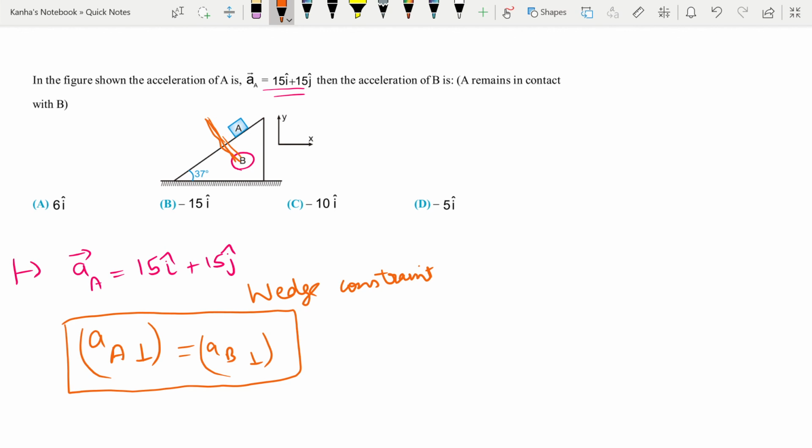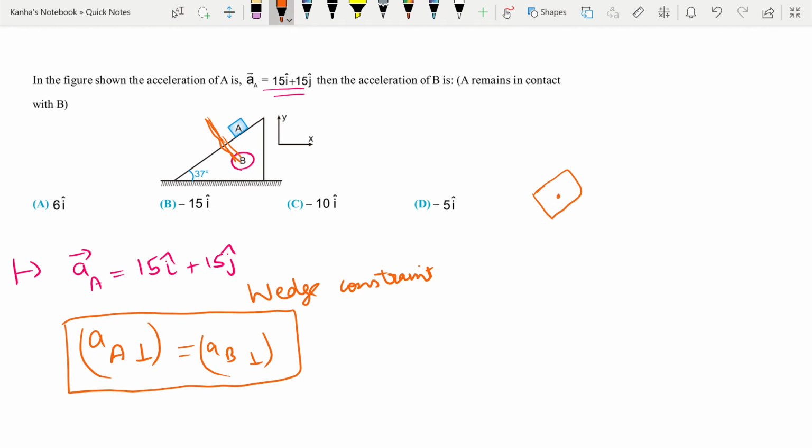So first of all, you need to make a proper free body diagram for A. Even if you don't do that, this is your A, and I need to just make the angles properly. So let's move this.